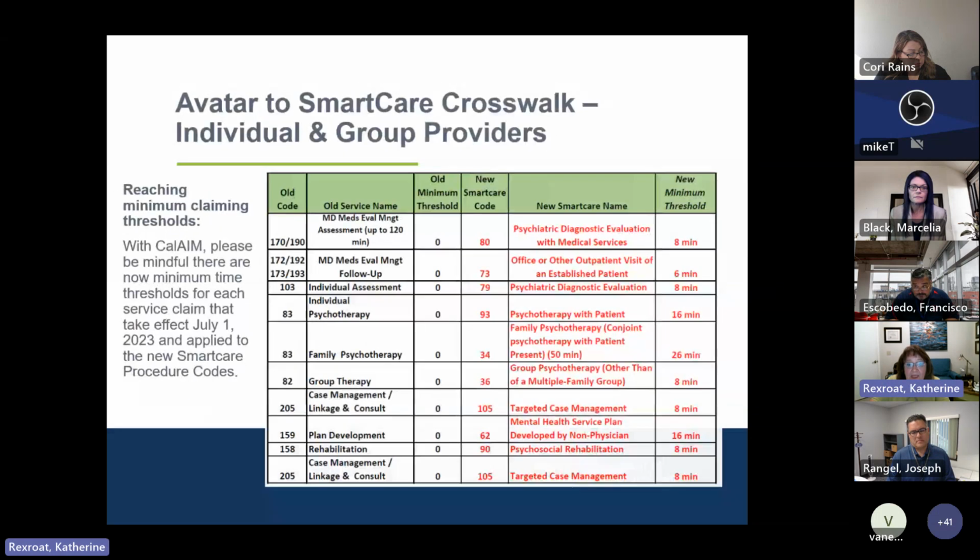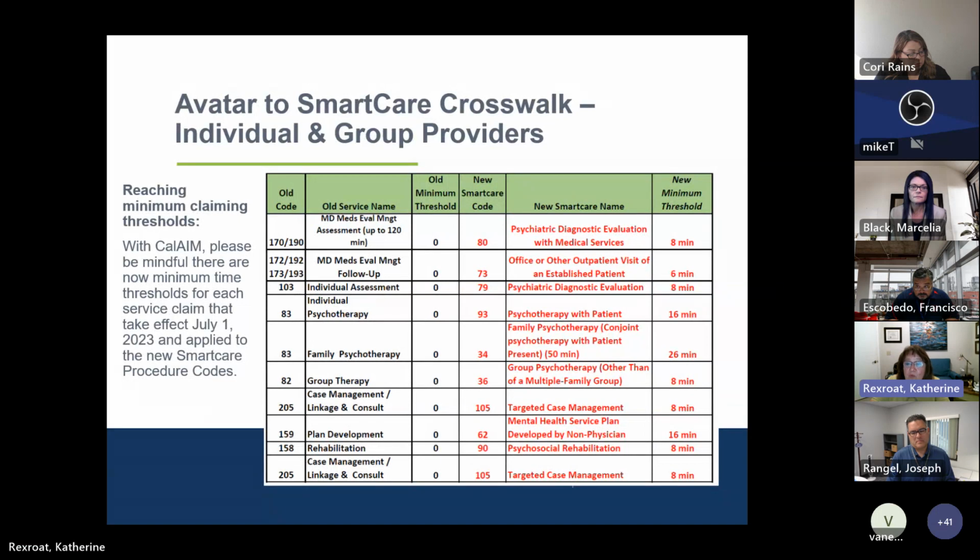Also, with the new payment reform, please be mindful that you now must reach a minimum claiming threshold in order to claim a service. So with CalAIM, there are now minimum time thresholds for each service.